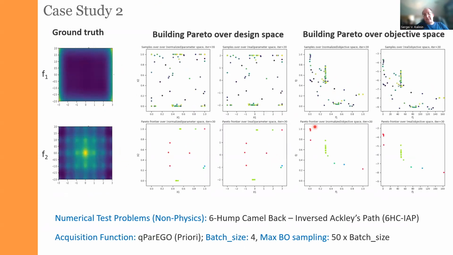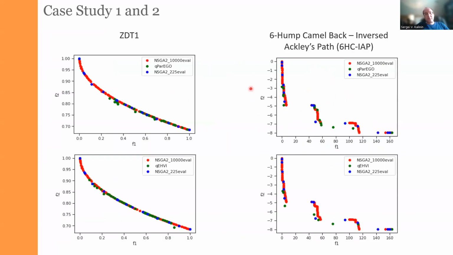In this case, the algorithm also works. The end result is, of course, much more interesting, because here the Pareto frontier has a considerably more complex shape. The end result of the analysis in both cases would be something like this.